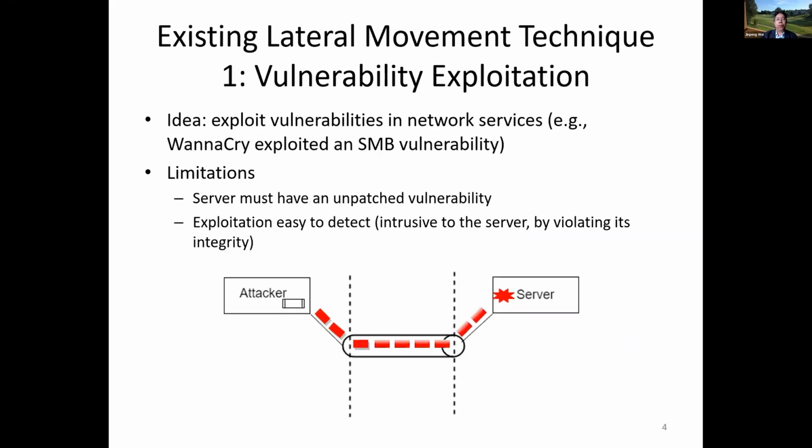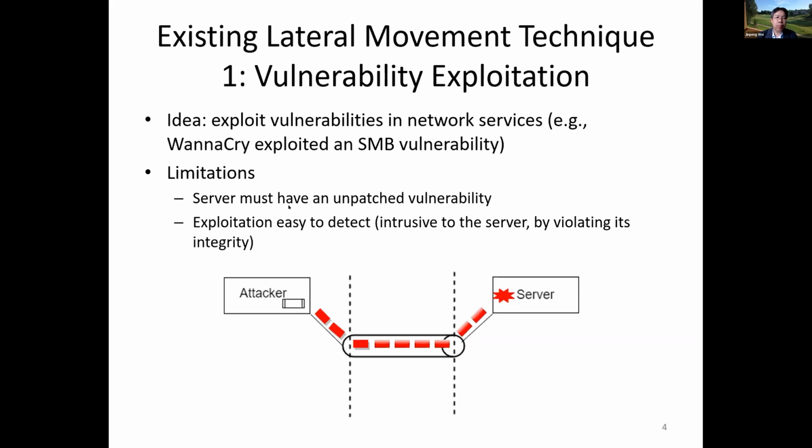Let's first review the known state of the art for lateral movement. There are three techniques. The first technique is vulnerability exploitation. The idea is to exploit a vulnerability that is known and unpatched, and by doing that, the attacker can move to the vulnerable server, for example.